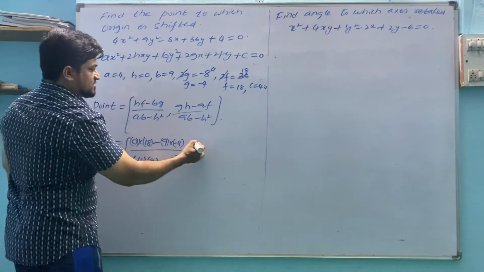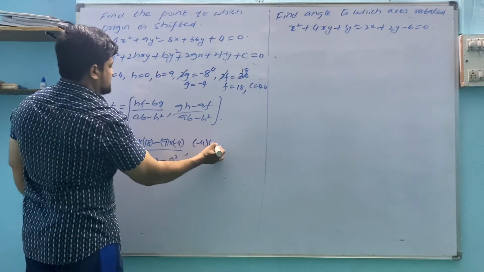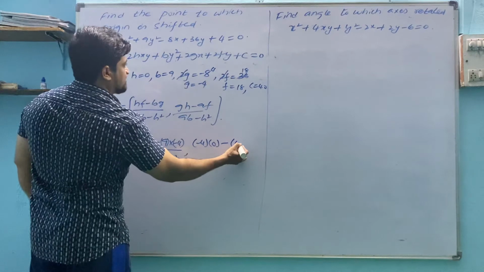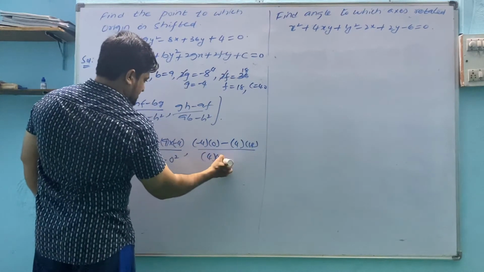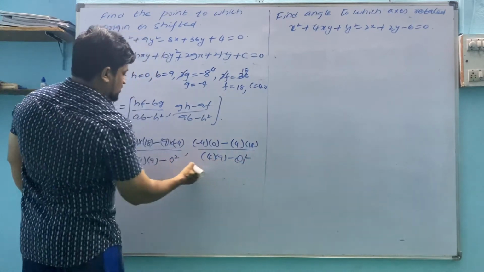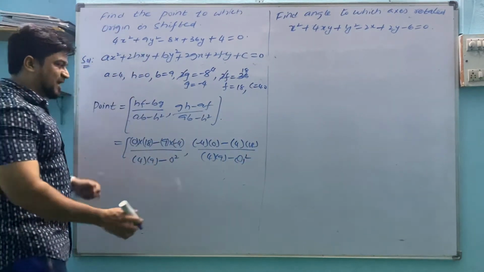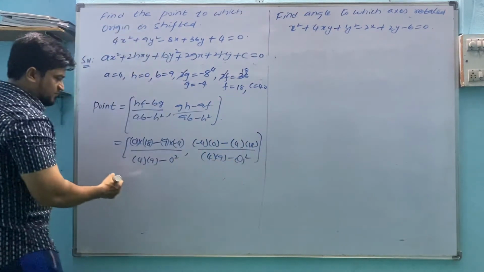Then gh minus af by ab minus h square. So whatever values are there, take them in brackets so that it is very easy for simplification.